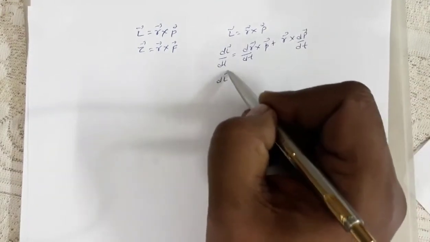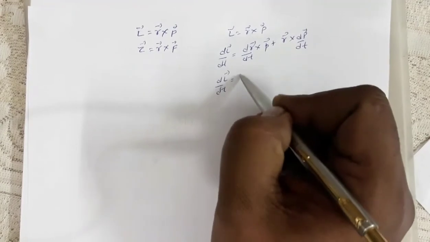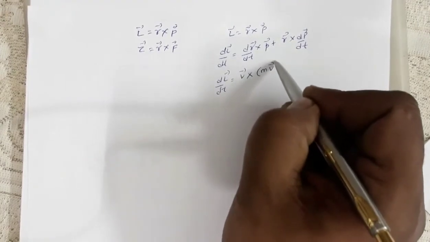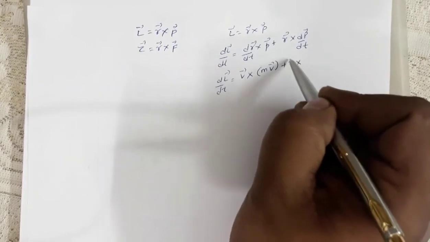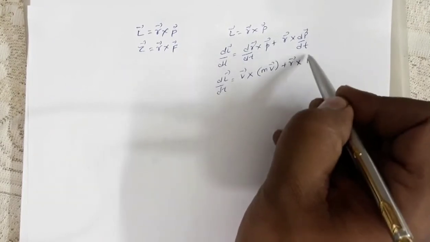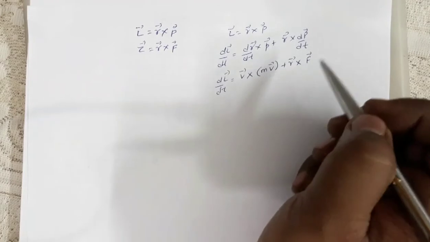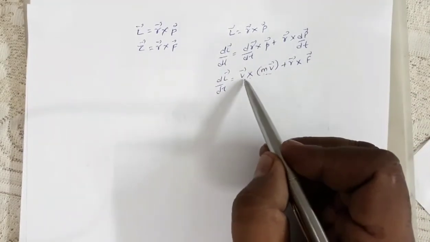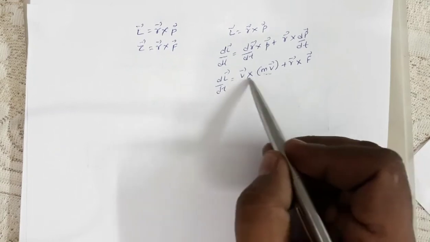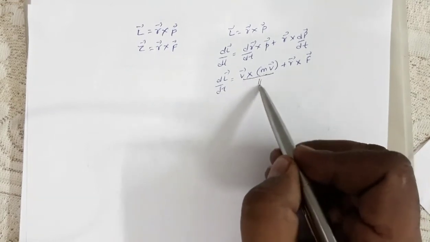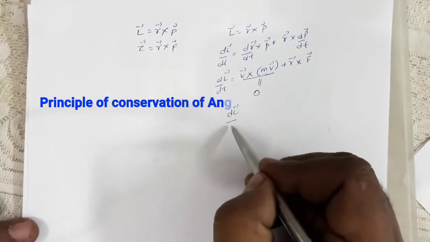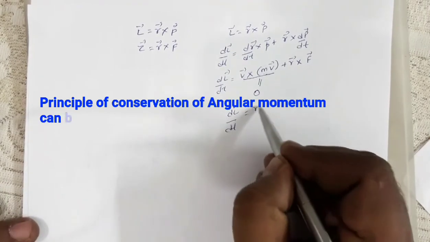So this is dL by dt is equal to v cross momentum, which is mv, plus R cross dP by dt, which is F, since rate of change of linear momentum is force. Now this is v cross mv. m is a scalar quantity, so basically this is m times v cross v, that is 0. So we have dL by dt is equal to R cross F.